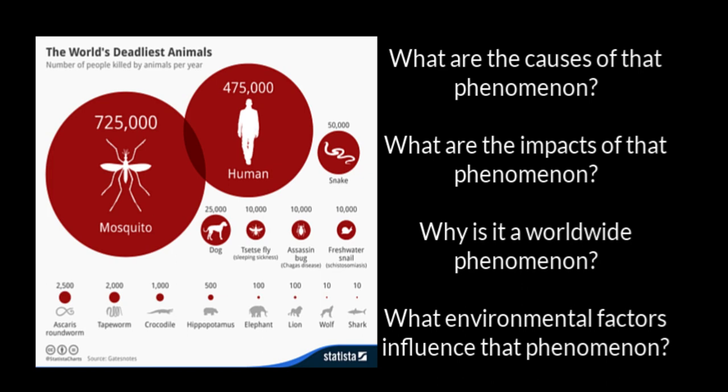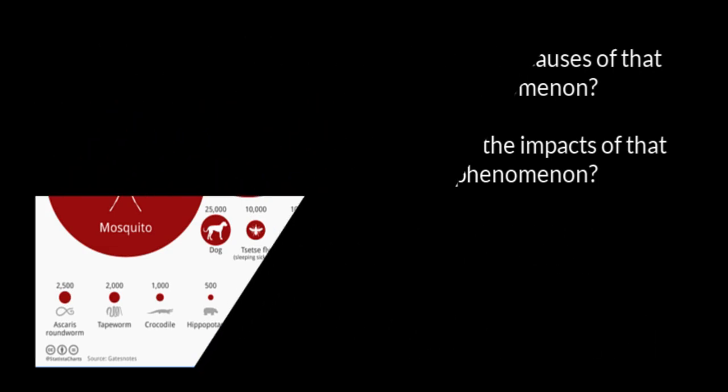Because we know that generating questions and then investigating those questions is what science is all about. And that's what leads to new understandings about what we're learning and what we have yet to learn. That's where we modeled this whole project.